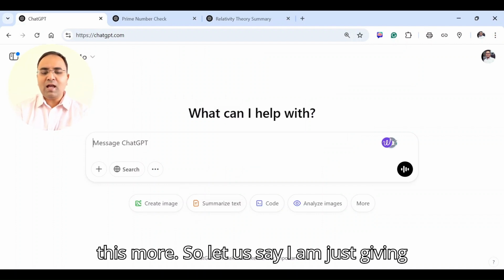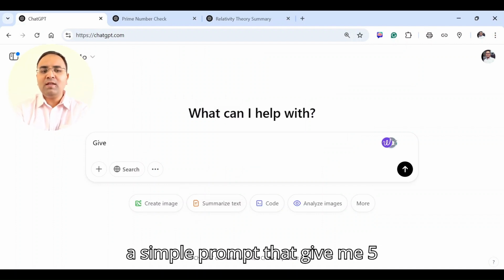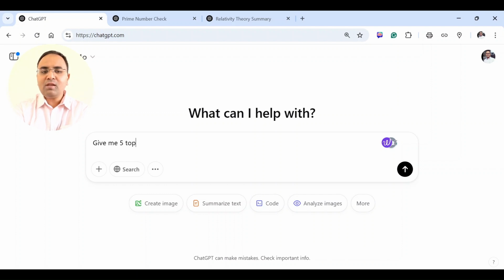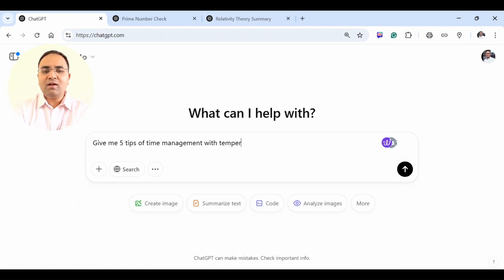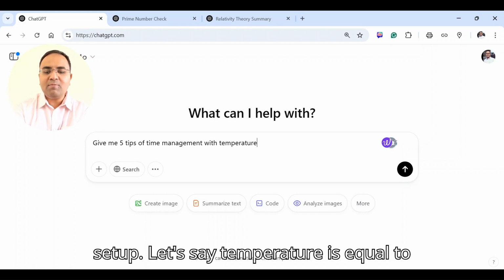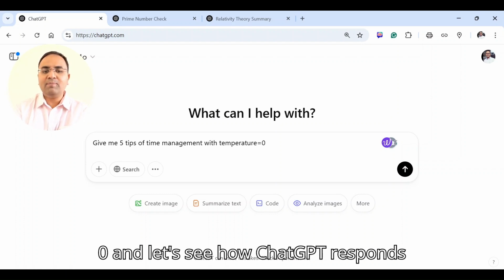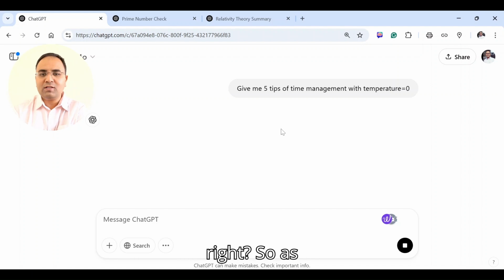So let's say I am just giving a simple prompt: give me 5 tips of time management, right? With some specific setup. Let's say temperature is equal to 0, and let's see how ChatGPT responds.